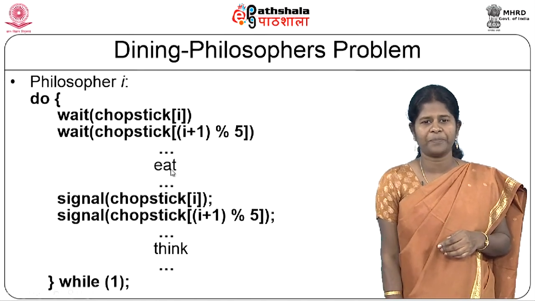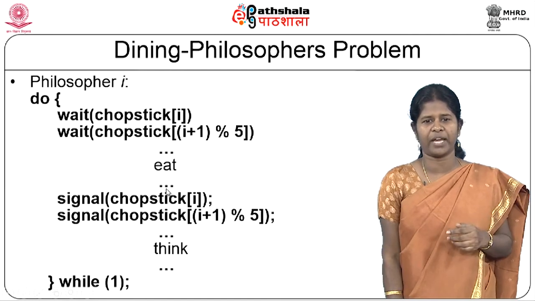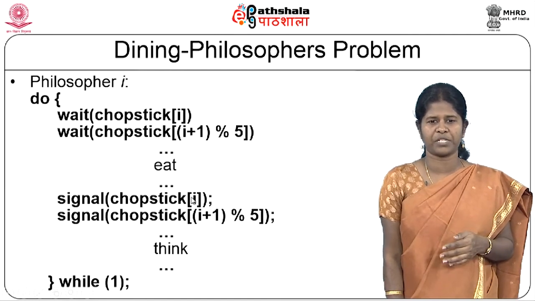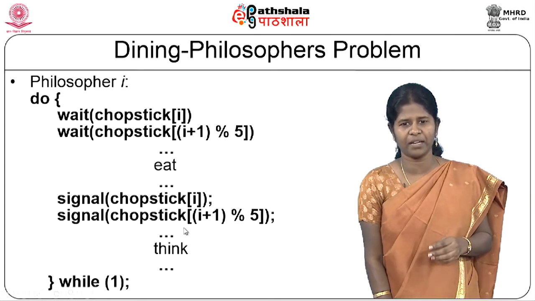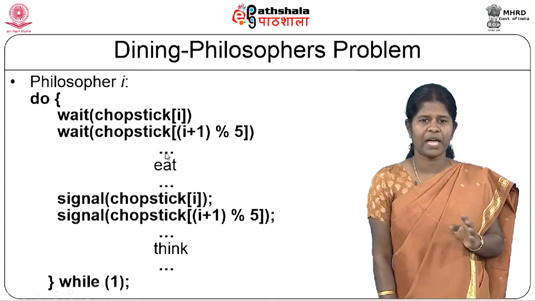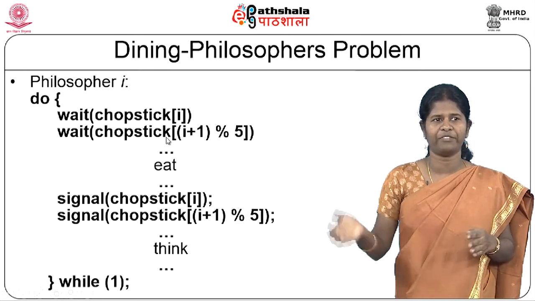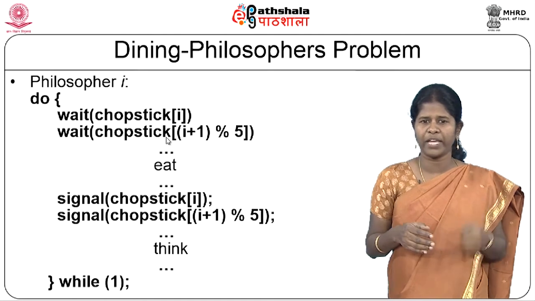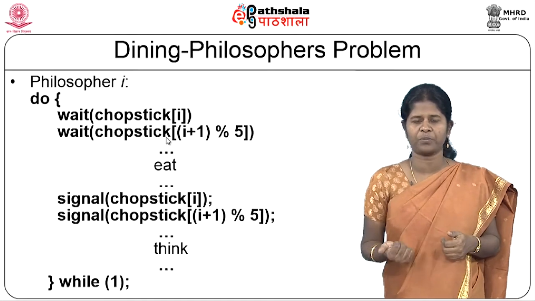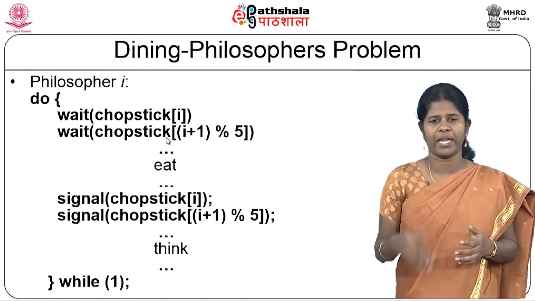Then eat, and after finishing dining, signal chopstick of I, the leftmost chopstick, and then release the rightmost chopstick. This has to happen for every philosopher: first wait on the leftmost and then the rightmost chopstick, dine, and then signal the left and the right.